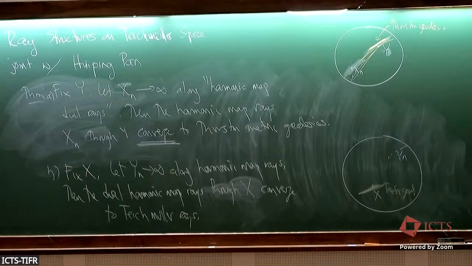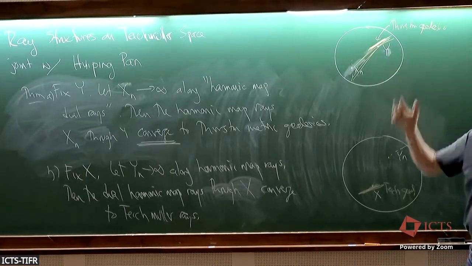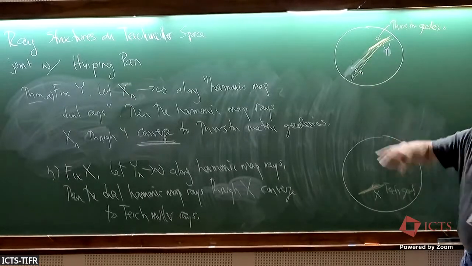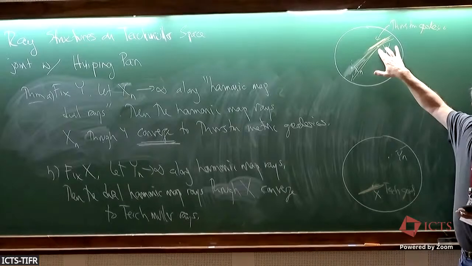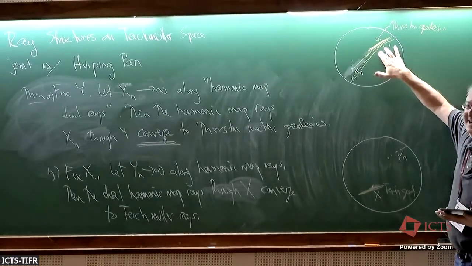You have the Thurston geodesic at Y, you have the Teichmuller geodesic at X. I want X and Y to be the same. Yeah, but I'm not going to let you do that, because what the theorem, I mean, you can go to any of these more or less free countries, so. But I think I'm going to stop there.